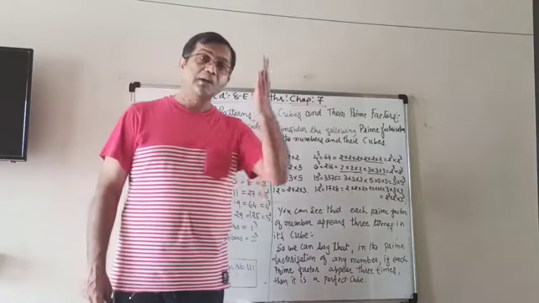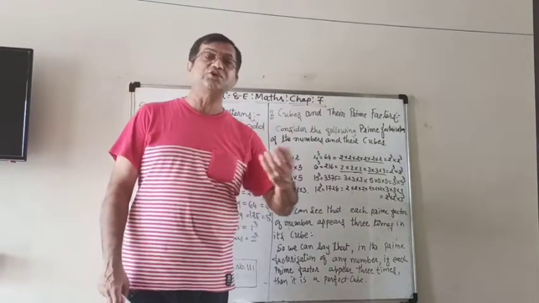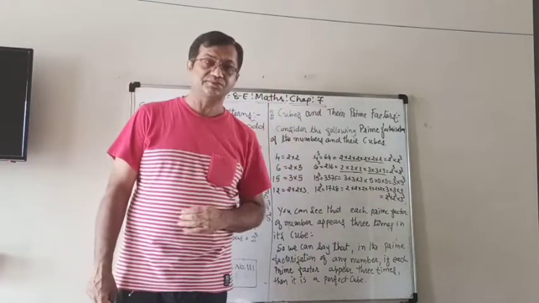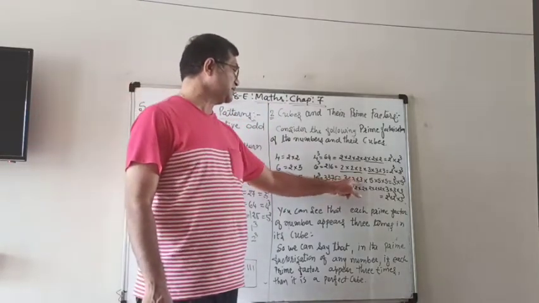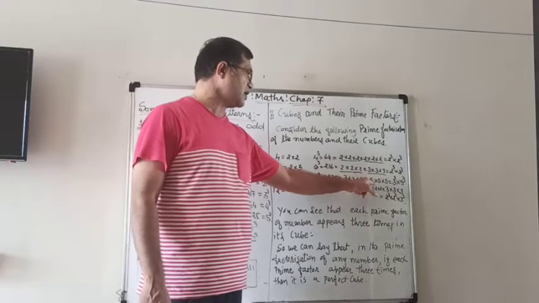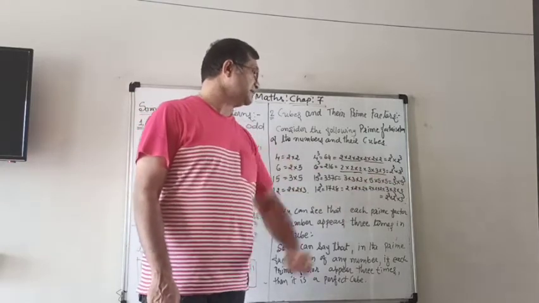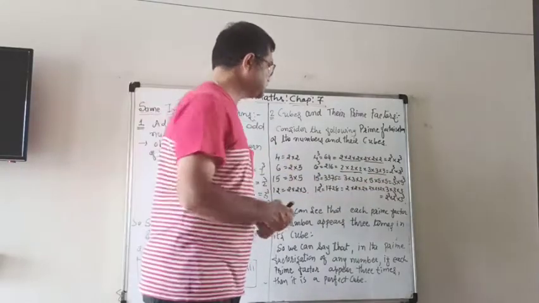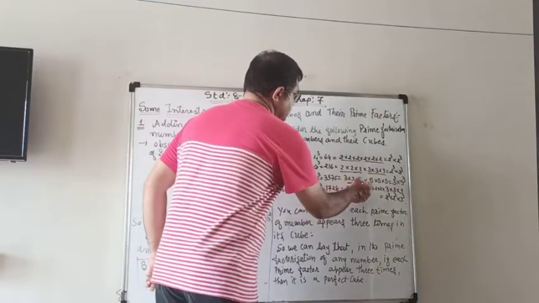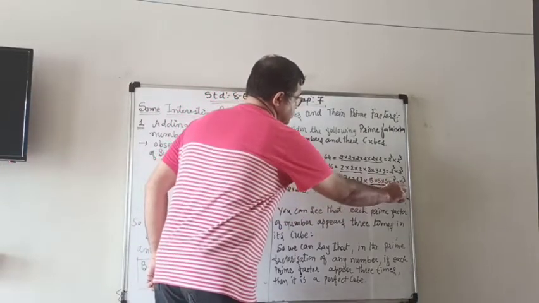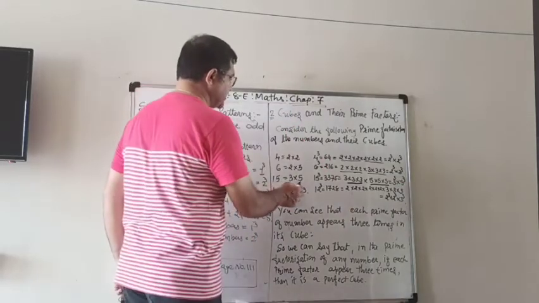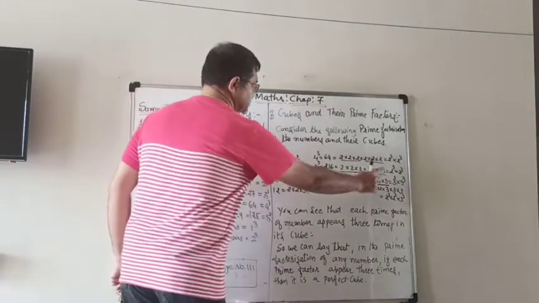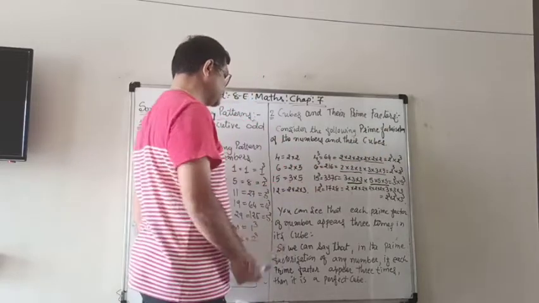And now if you make the prime factorization, which you learned already in standard 6, it will be like this: 3 multiplied by 3 multiplied by 3 multiplied by 5 multiplied by 5 multiplied by 5. So 3 appears 3 times, so you can write 3 cube, and 5 also 3 times, so 5 cube. It means here 3 and 5 are only 1 time, here 3 and 5 are 3 times.